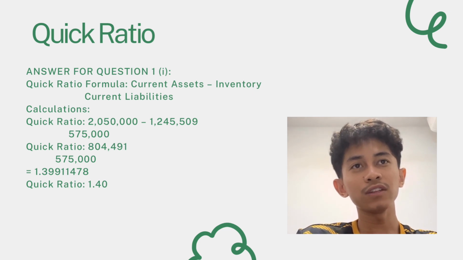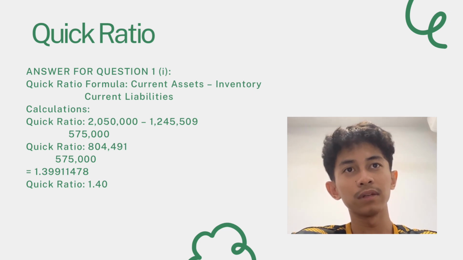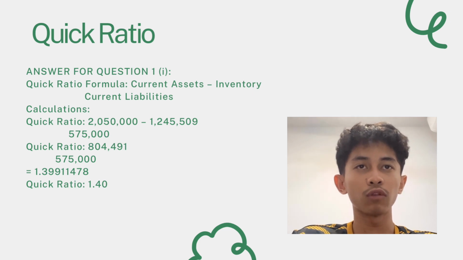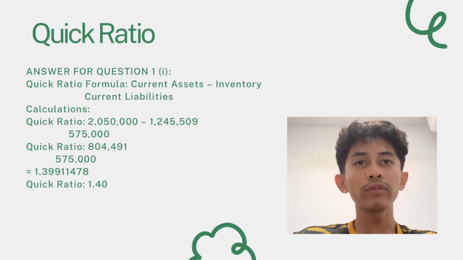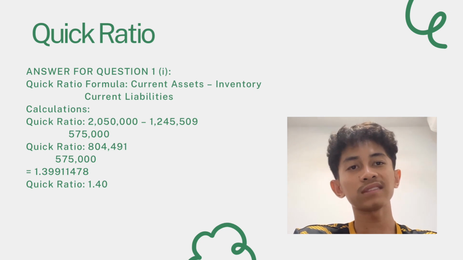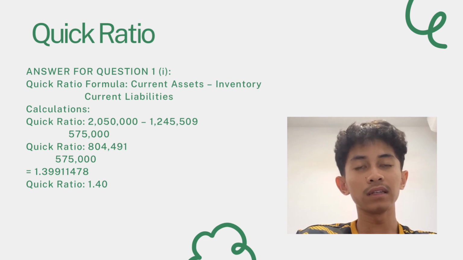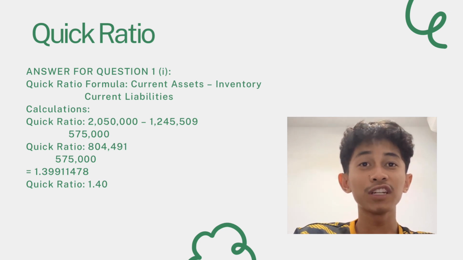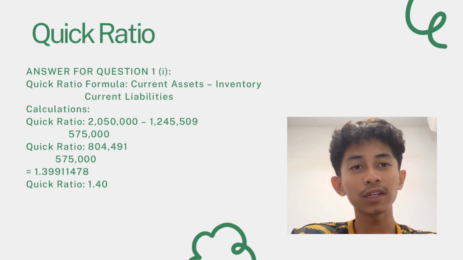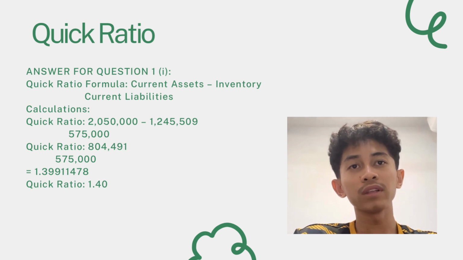We need to divide it by their current liabilities, which is 575,000. So we will get the quick ratio of Dura Ltd as 1.39911, and so the quick ratio of Dura Ltd is 1.40.